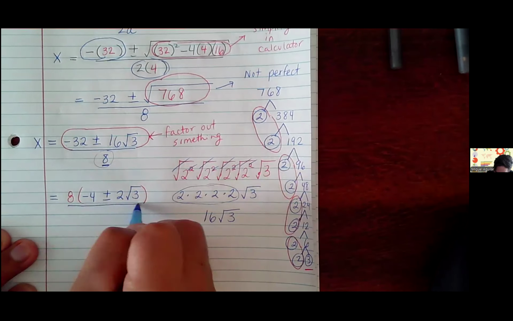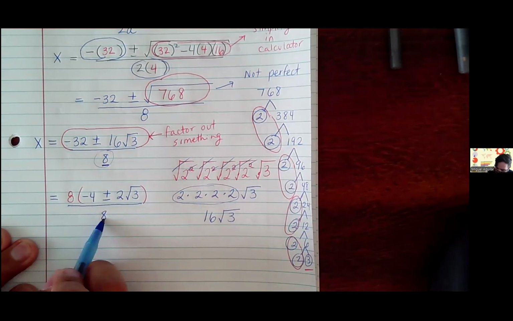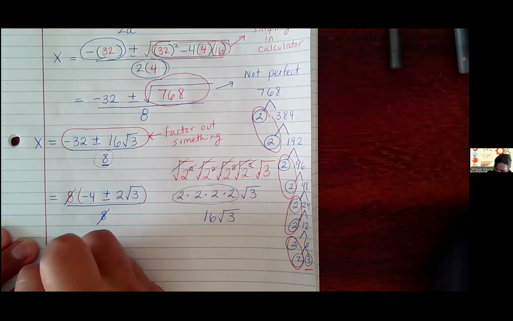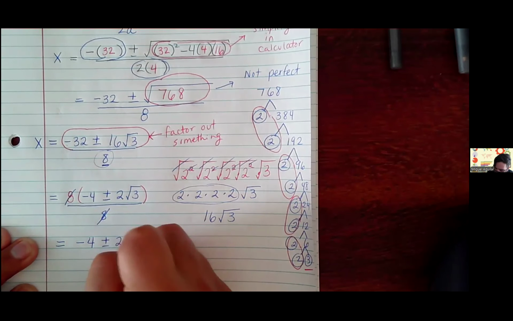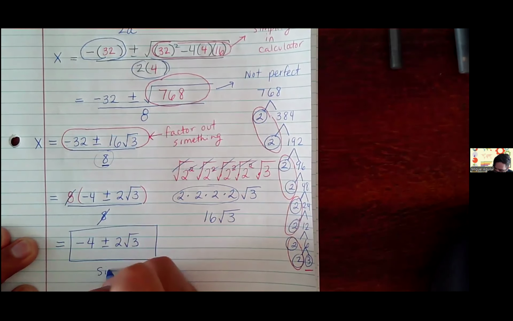And so since I factored out that factor of 8, I can now cancel that factor with the denominator. So now I don't have a fraction. I just have negative 4 plus or minus 2 root 3. And that is fully simplified.